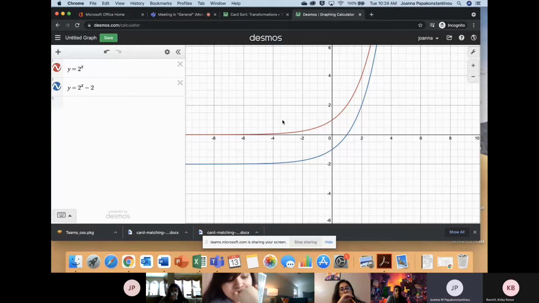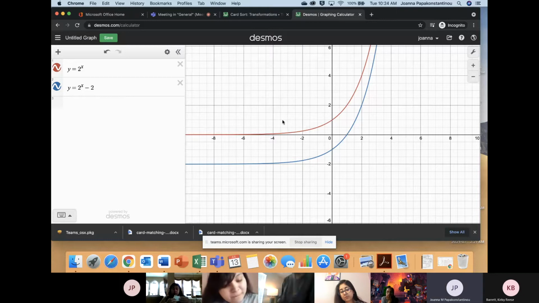Can anybody tell me what the domain of this image function is? Negative infinity to infinity. It is. The domain hasn't changed. I'm still going from negative infinity to positive infinity.